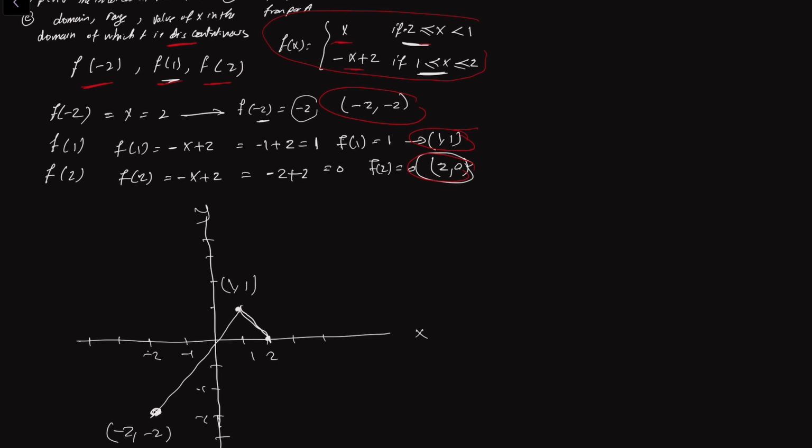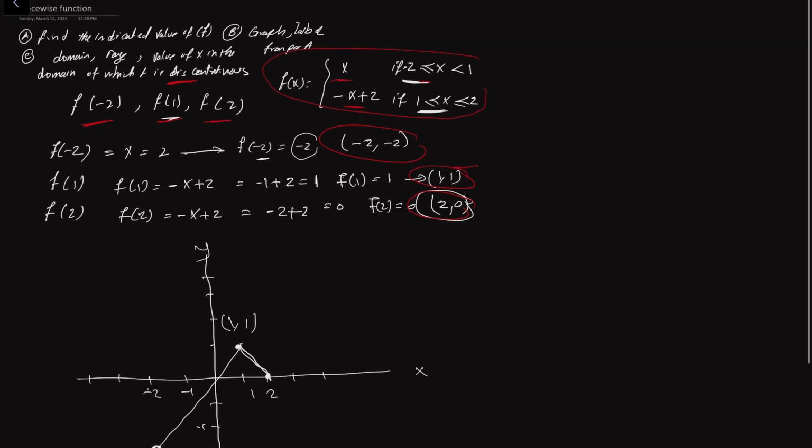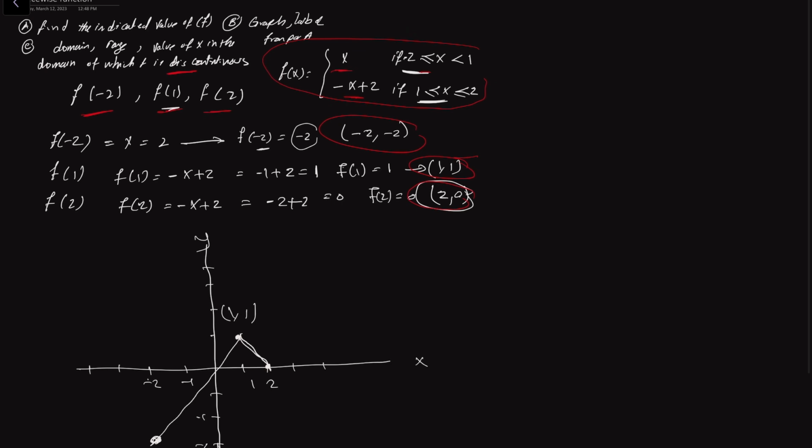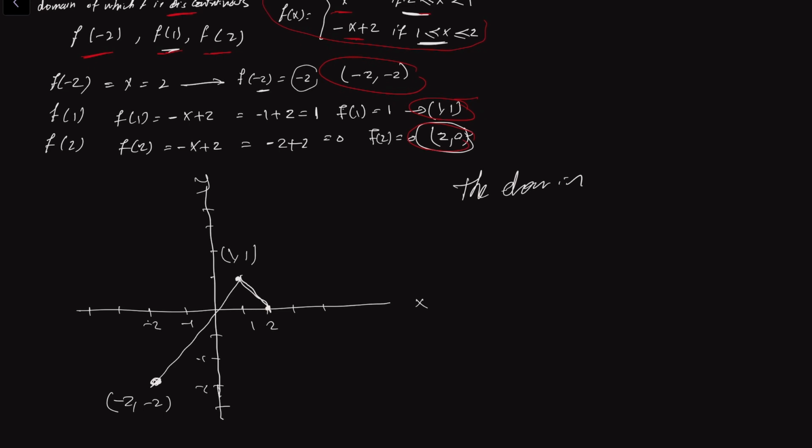All right? Now we're going to see the third part: the domain, the range, and the value of x where the function is discontinuous. So the domain is going to be from -2, that's x.